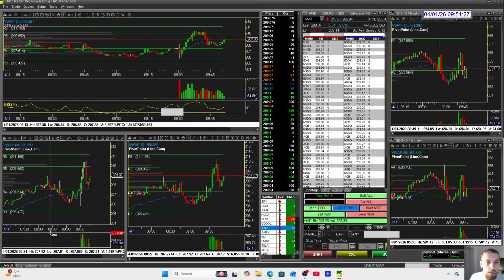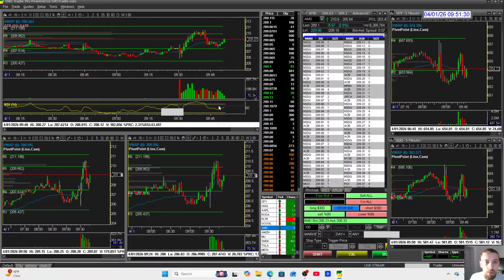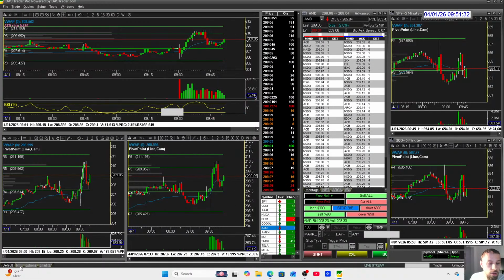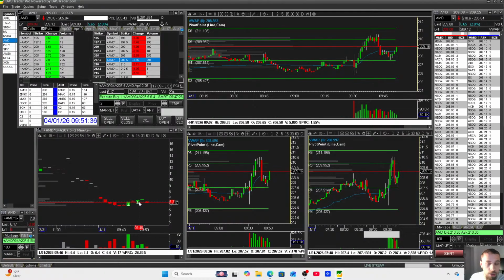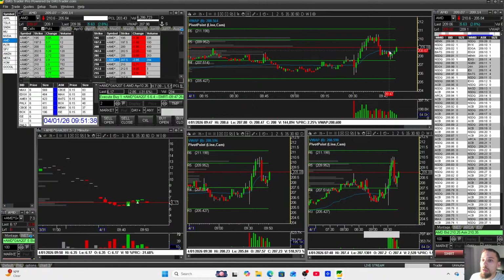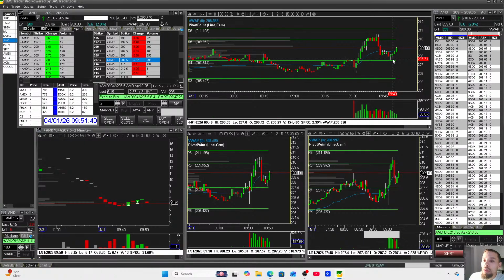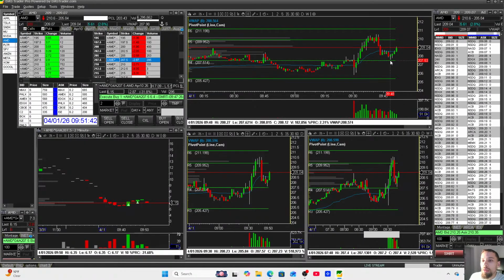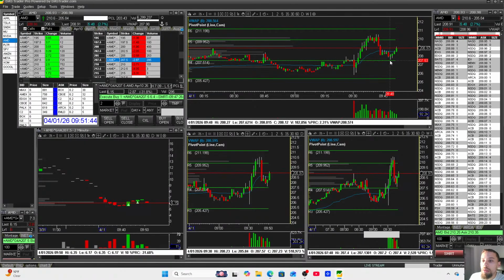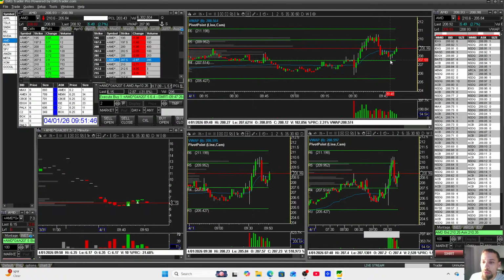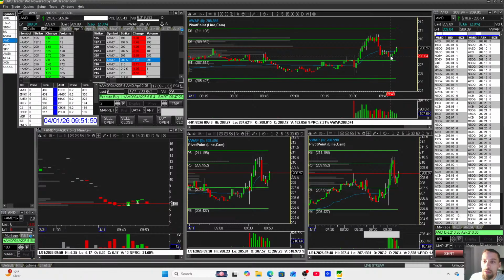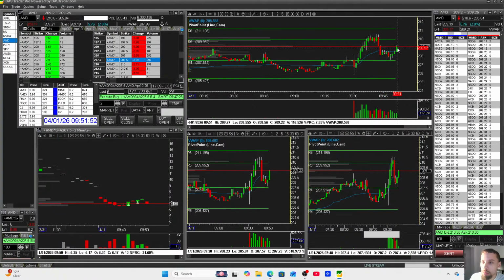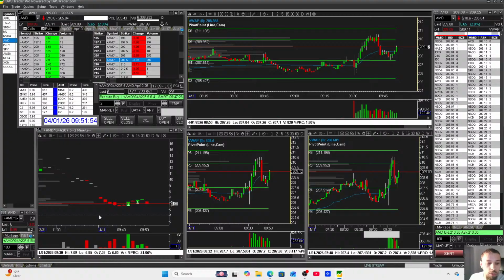Seems like it wants to squeeze. So pretty much tested R4. I should have took my profit there, but we're still in this. We're pulling back up as volume's decreasing, so that's to me bearish price action, but seems like it wants to squeeze up.